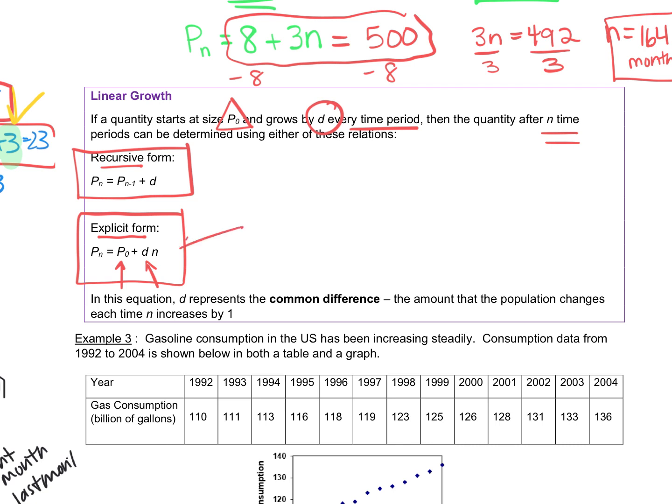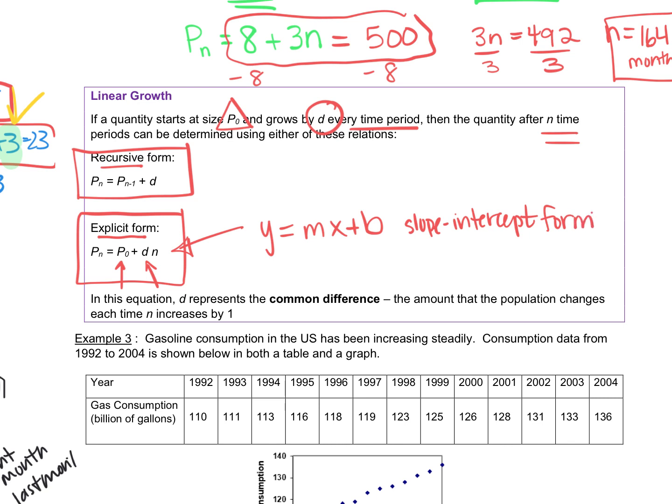Which this might look a little bit familiar to you. Okay, maybe not with those P's and things, but you may recognize it as something similar to this, where we have our slope intercept form. So if you've taken some sort of algebra, you may have heard that before.